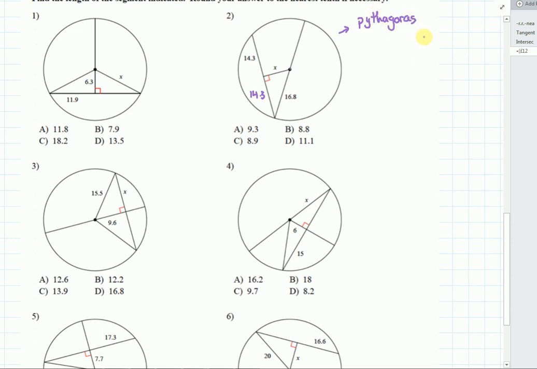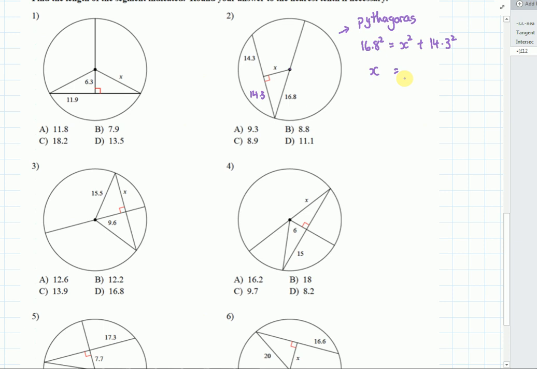We don't need to write out the equation, we just have to be able to record the fact. So the hypotenuse is 16.8. So 16.8 squared must be equal to the sum of the two legs squared. So I now grab my calculator and do a rearrangement.